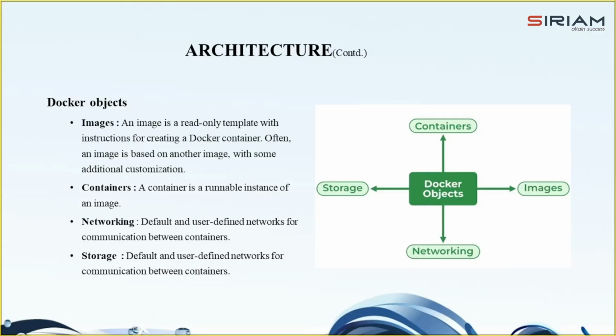You can share these images with your team or with the world through public or private registries like Docker Hub. And you can also create your custom images using a special file called a Dockerfile, which contains the instructions on how to build the image step by step.